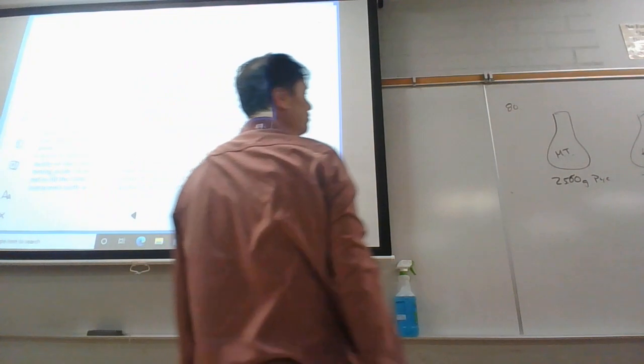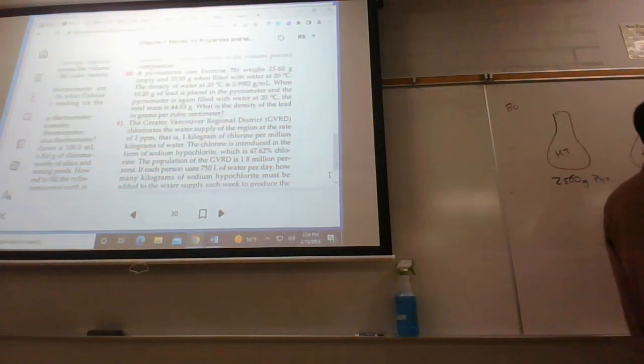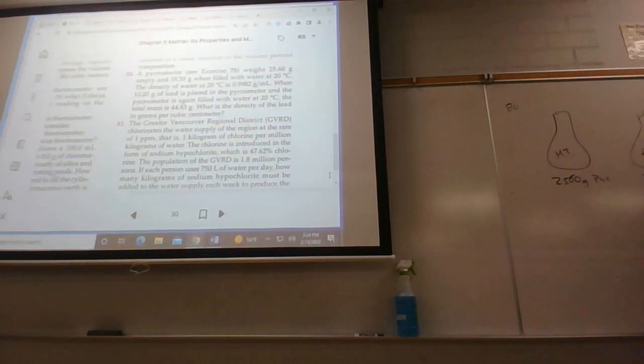Okay, we can figure out the volume of the pycnometer like we did last time. If we take this number and multiply it by the inverted density, we've got 1 milliliter of water weighs 0.9982 grams. And the volume of the pycnometer will be the same as the volume of the water.